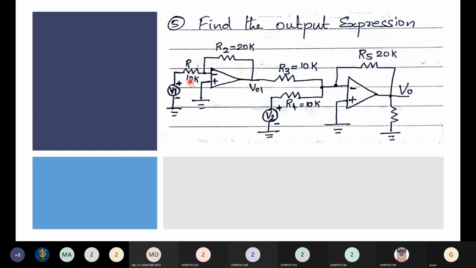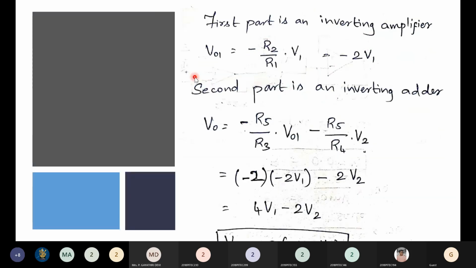What will you get? First output V01 will be minus R2 by R1 times the input. Okay. So R2 by R1 is 20 divided by 10. It is 2. So 2V1 will be your input. And here it is V2. So this V1, since we don't know what is the value of V1, your expression will be in terms of V1 and V2 only. Okay.